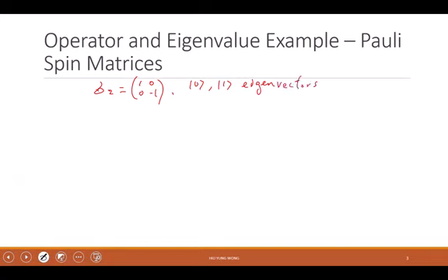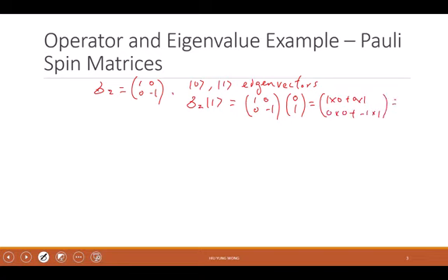Right. For example, if I apply sigma z, which I did not show last time, on 1, it is equals to 1, 0, 0, negative 1. Again, 1 is the second basis state, so it's written as 0, 1, right? If we now do a multiplication, this becomes 1 times 0 plus 0 times 1, 0 times 0 plus negative 1 times 1.